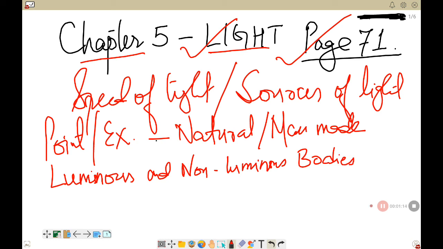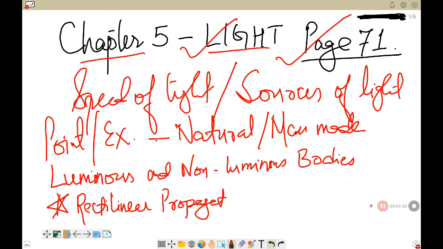Then we did one very important topic in the last class, that was rectilinear propagation of light, which means light travels in a straight line.